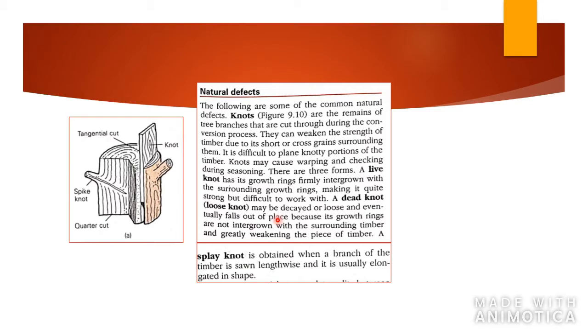However, eventually that knot will get loose, and then you'll just have a hole in the wood itself. So you really don't want to use that wood for anything that is supporting a structure, or else you would have problems. Those are the natural defects.